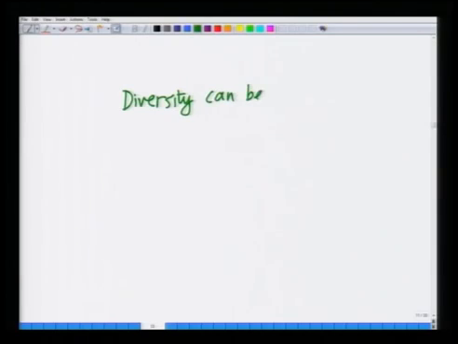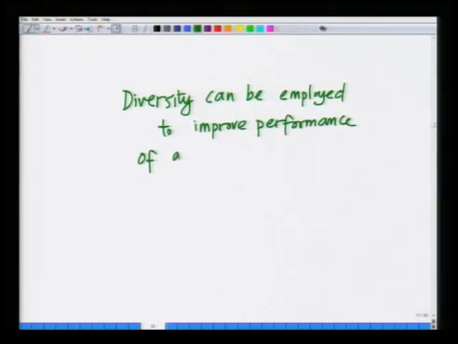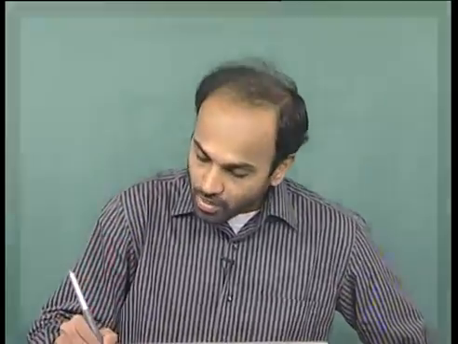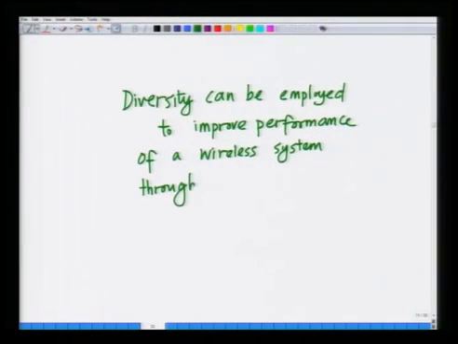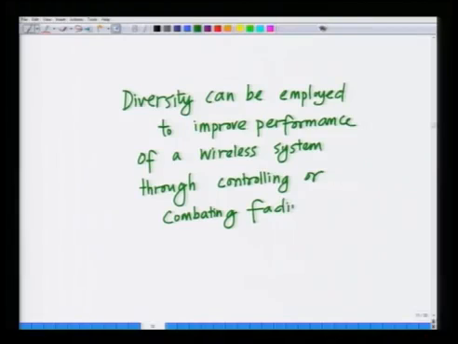Diversity can be employed to improve the performance of a wireless communication system by combating the fading environment.